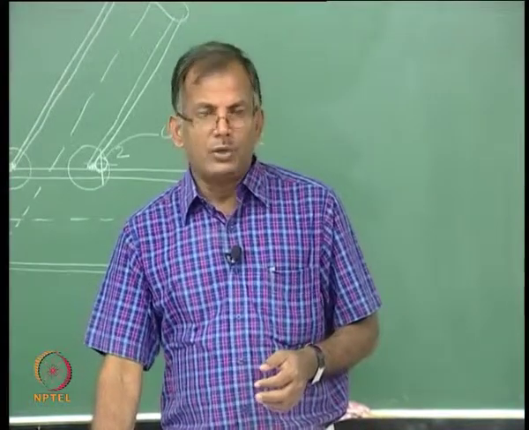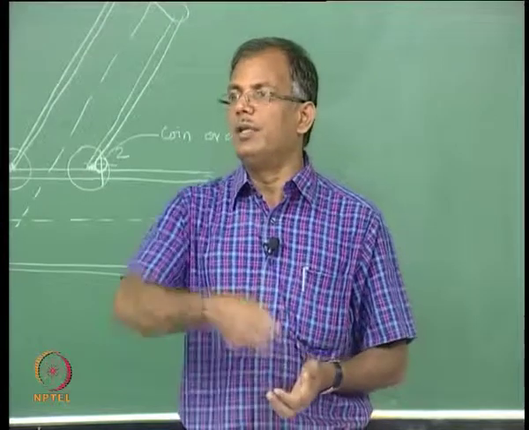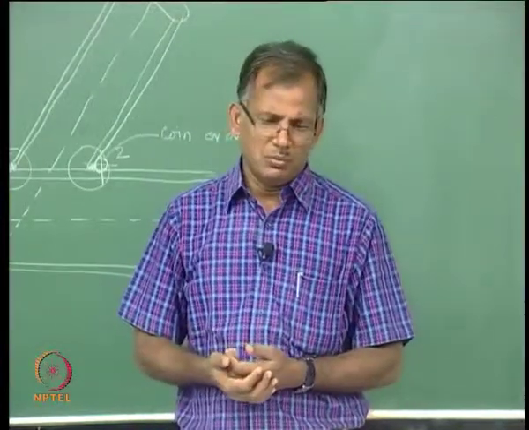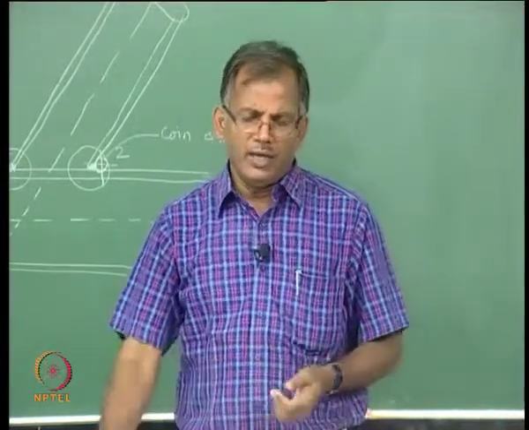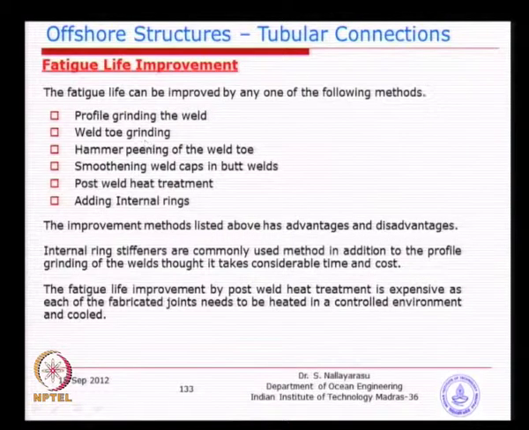Hammer peening of the weld toe, just hammer it so that the loose material, if any, will actually come out. So, though these two are given as options, quantification of such improvements is very small. So, API does specify that you could use one of these methods, but it is not giving you a clear idea how much improvement you can actually get.